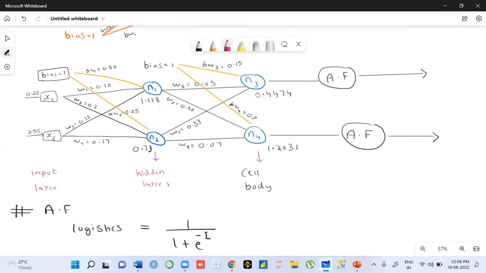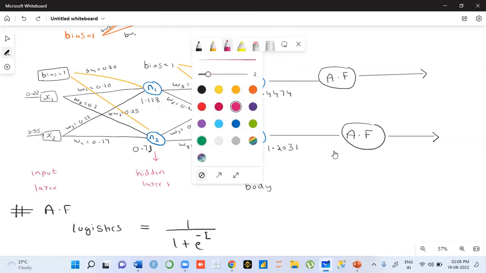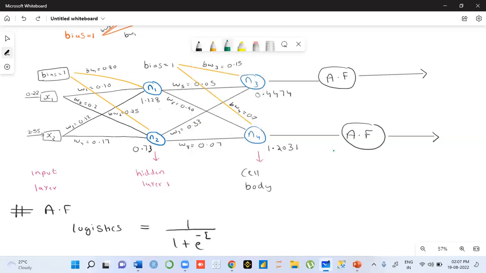After solving this, the number which I have, the different color guys, this number, the green color number, will be taken inside the equation, 0.4474. Solve this and give me the number, guys. Here we say activation function used is logistic. Till clear?